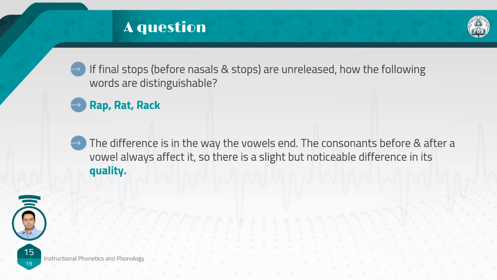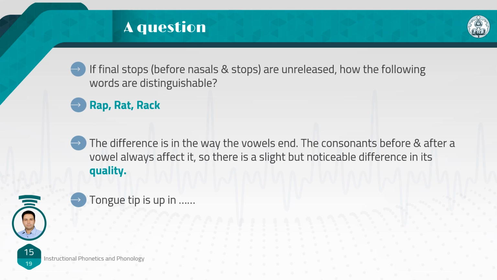Now, in the examples I gave you about rap, rat, and rack, in which is the tongue tip up? Try to pronounce it for yourself once. Rap, rat, rack. In which one is the tongue tip up?